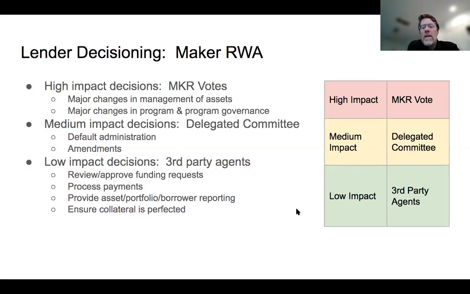But there's a whole lot of in-the-weeds administration. Who do you hire as your workout committee, to work with the troubled borrower, to come to a proposal of what might work for them? So it's a lot of oversight of executing on what the maker voters have already voted on at a high level, and also amendments.